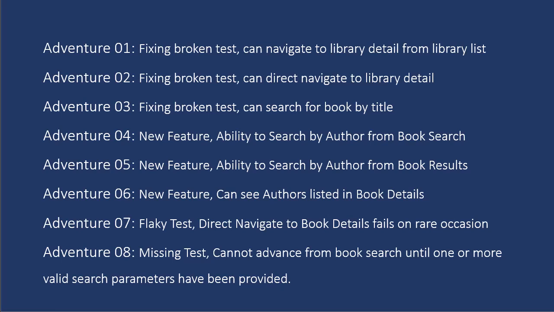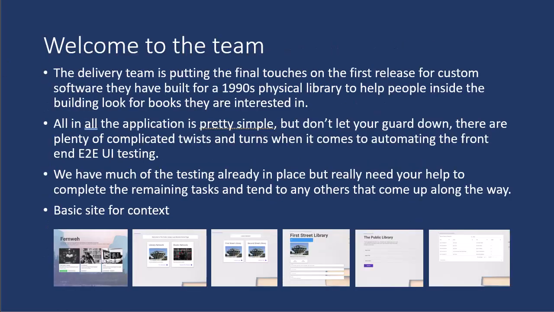And as they've been working, there's a few things that have broken that maybe once worked. And we're going to take you step by step through solving for these real world problems in a project and situation very much like what you would find day one at a new career. And so, with that, welcome to the team.